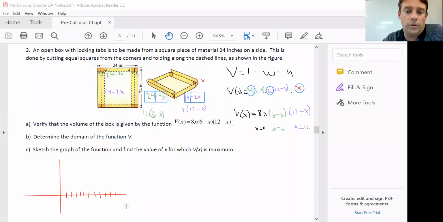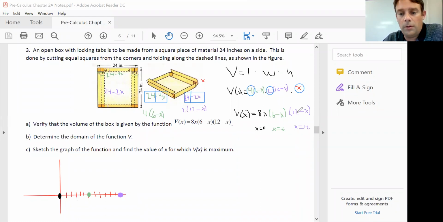Think about where the zeros would be. They all have a multiplicity of 1. Okay. So we make a rough sketch now. Here we go.